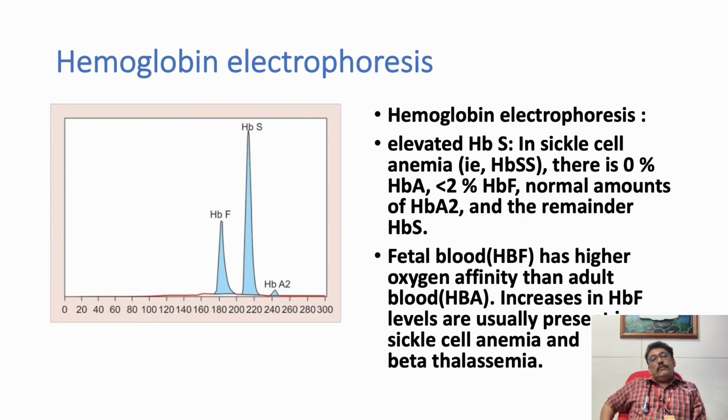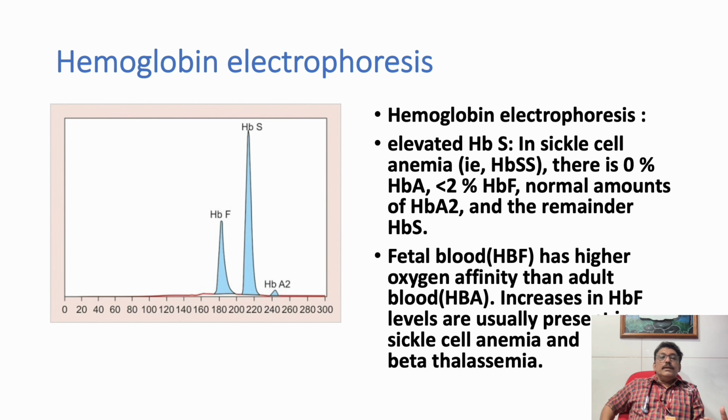Now, whenever we have hemolytic anemia, we always try to do a Coombs test. The Coombs test will be negative here because it's not an immune mediated hemolysis. Next, we can do a hemoglobin electrophoresis. You can see the hemoglobin electrophoresis in this patient who is having sickle cell disease.